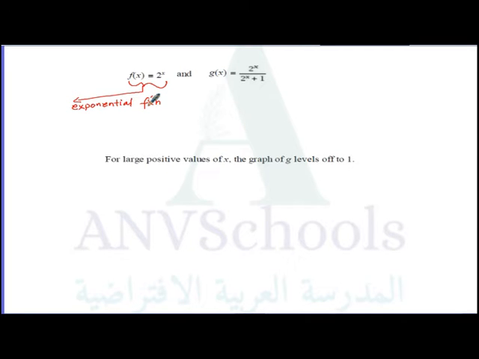And our second example is a logistic function, which is modeled by 2 raised to x over 2 raised to x plus 1. Now let's set this aside.